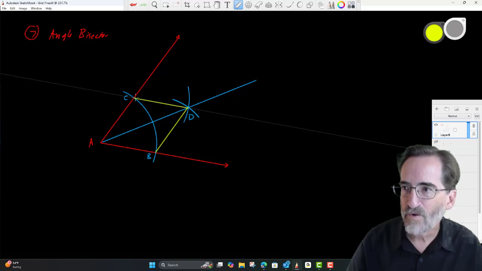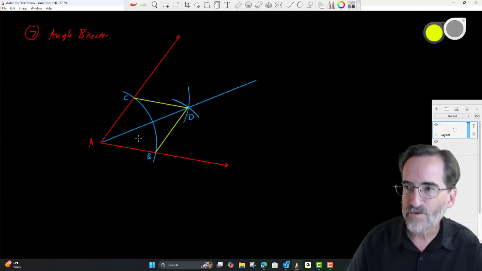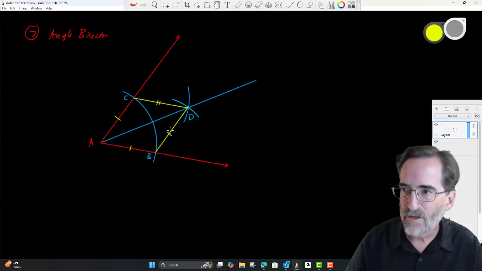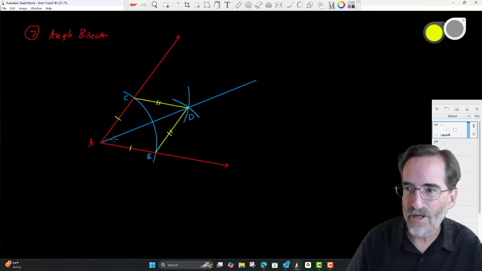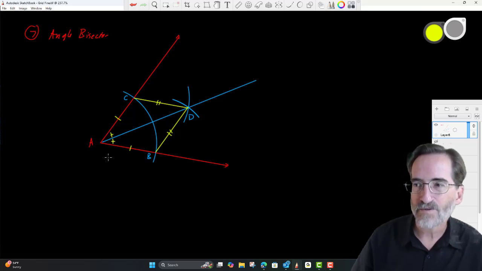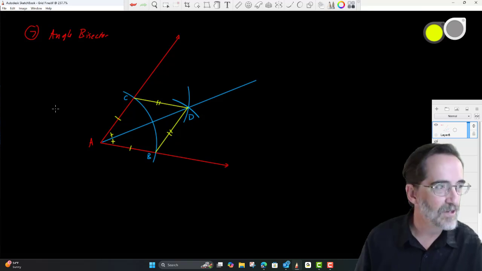And here's what we know based on what we used with the compass. We know that AC is congruent to AB. We know that CD is congruent to BD. And this forms a kite. A kite has two sets of adjacent congruent sides. And we know that these two angles are going to be the same. So those are some things to highlight or point out about the angle bisector.